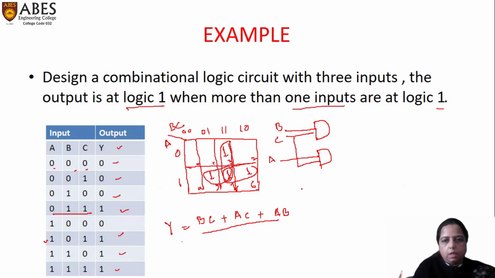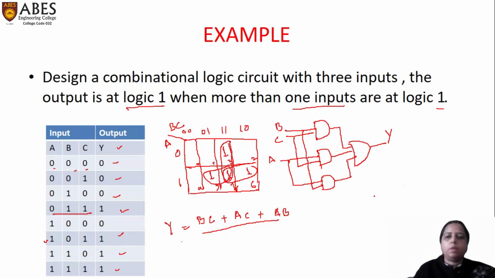Then we have another AND gate for A and B. And then all the outputs of these AND gates will be given to an OR gate. And so we will get the output Y. So this is the combinational logic circuit for the given problem.